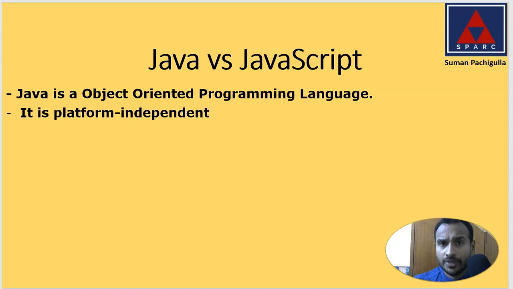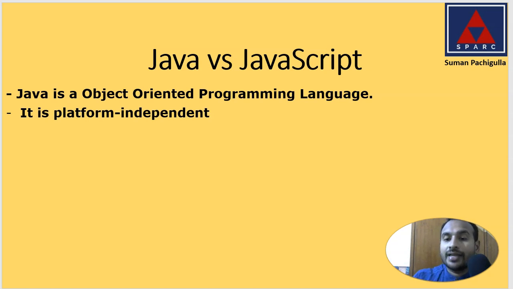How will it work? In every operating system there is a JVM, the Java Virtual Machine. That JVM understands this bytecode, and it runs there. Generally a program is written in a human-readable language, with words, phrases and syntax that a machine may not understand.